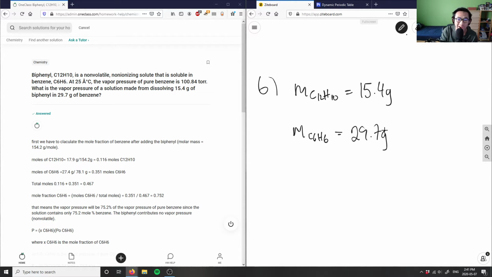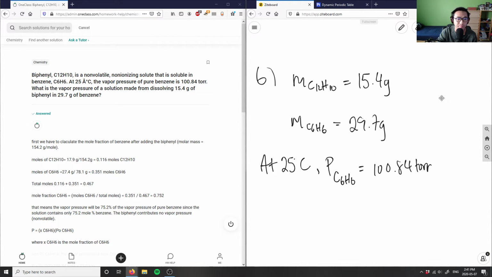I'm given that at 25 degrees Celsius the vapor pressure, P, of pure benzene, C6H6, equals 100.84 torr. And it's asking what is the vapor pressure of a solution if we dissolved both of these.